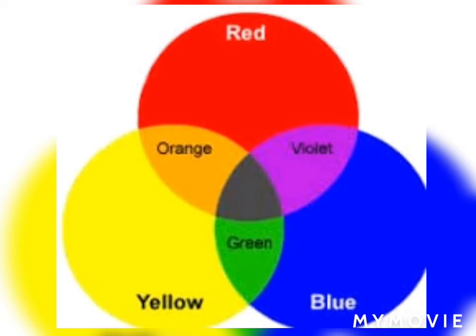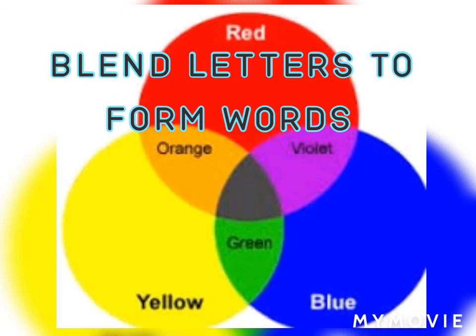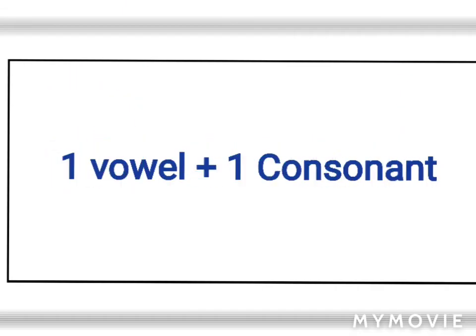For example, if you mix red and yellow, you will get orange. If you mix blue and yellow, then you can get green. So the combination of these basic colors will give you a very beautiful mix of colors. Like that, in the English language, now that you know the different sounds of the letters, you can mix these letters and form new words.